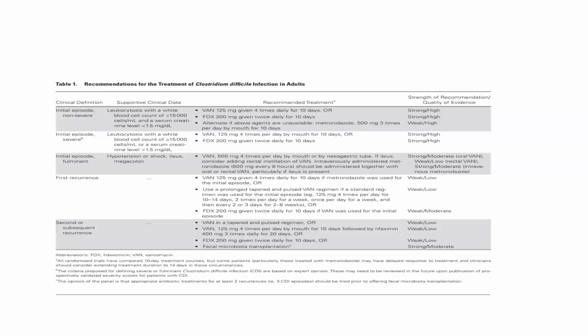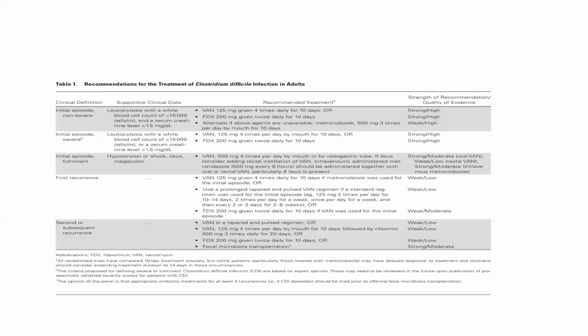And only in this case can we go for IV metronidazole, that is 500 mg every 8 hours along with this. So there is no role of IV metronidazole, but we can only use it in case of fulminant infection.